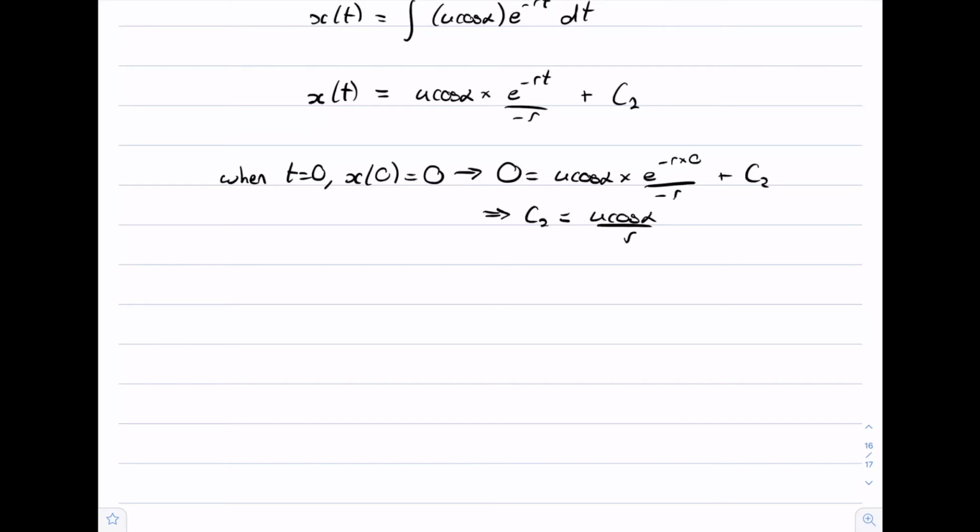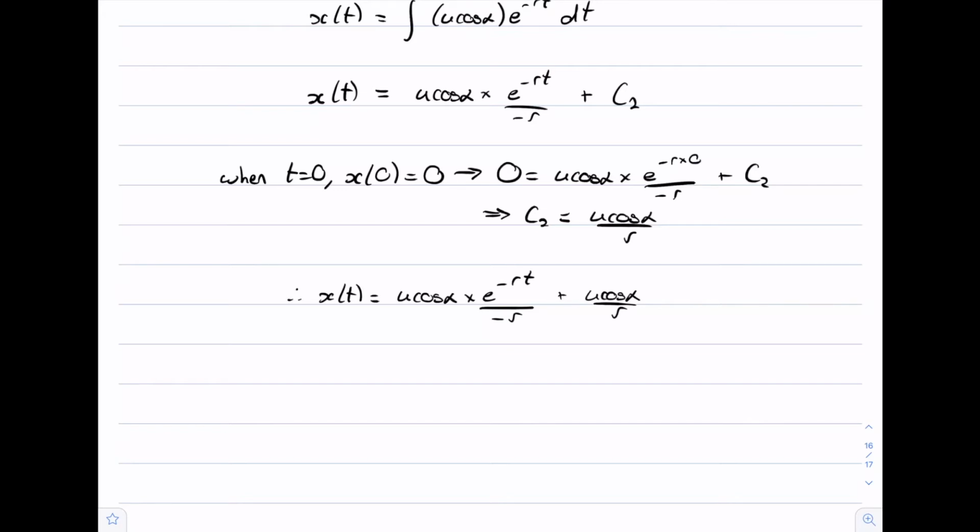So now we can substitute this back into our expression for x of t. When we do that, we get x of t is equal to u cos alpha times e to the minus rt over minus r plus u cos alpha over r.